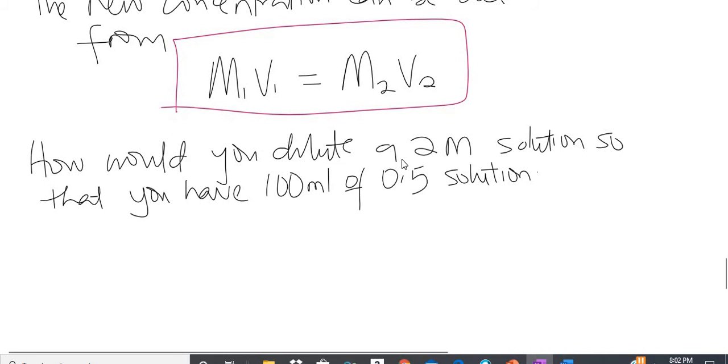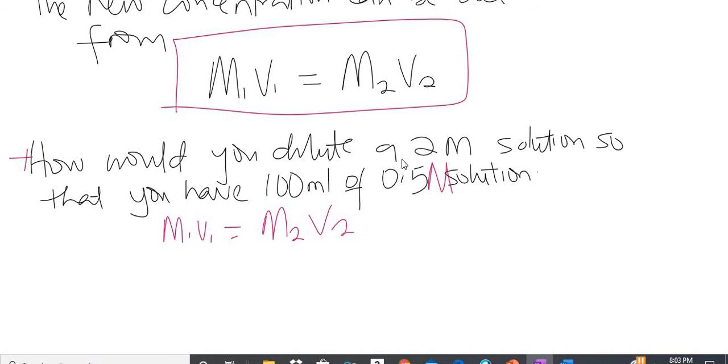So let's take a look at this problem. How would you dilute 2 molar solution so that you have 100 mL of 0.5 molar solution? We want to bring these 2 molar to 0.5, so we use this expression M1V1 equals M2V2.